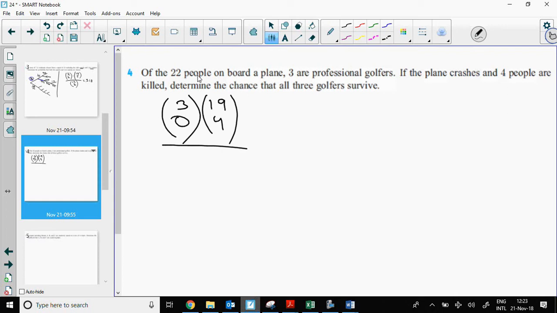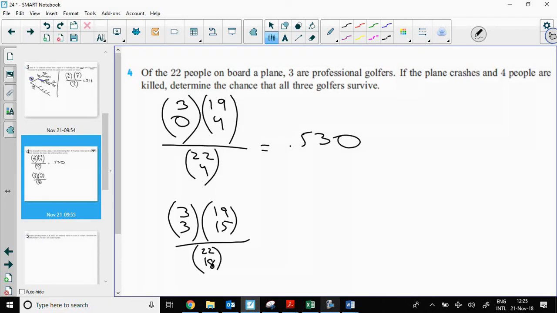And in total, there were 22 people, and 4 of them are going to have died. So we calculate this, and we get 0.530.